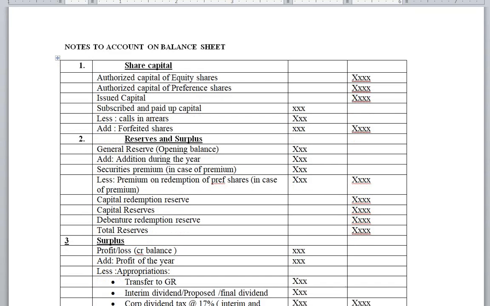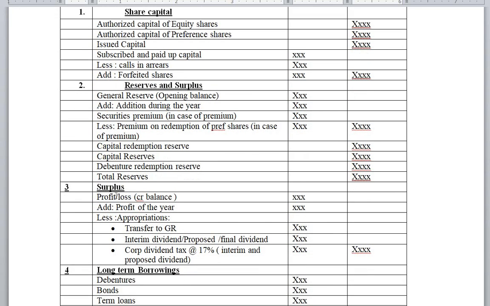So coming to the surplus, you can see in the question if there is any profit and loss credit balance. If there is any credit balance of profit and loss, that will be posted here, and to that the current year profit, which you find by preparing a statement of profit and loss account, will be added back to the balance of profit and loss account.